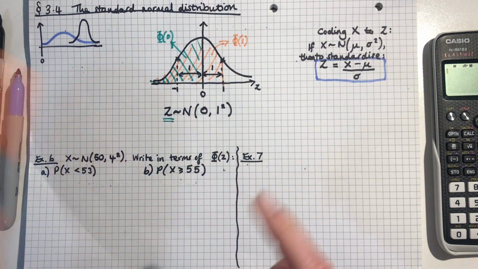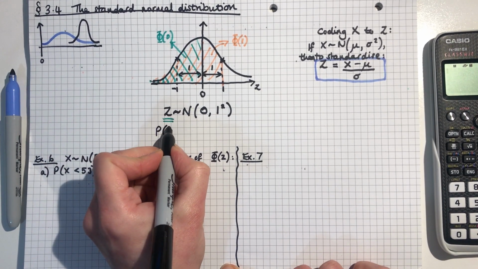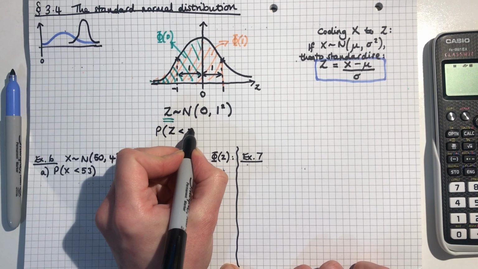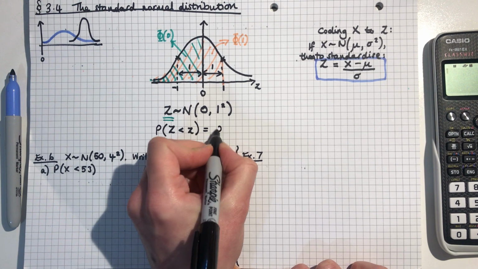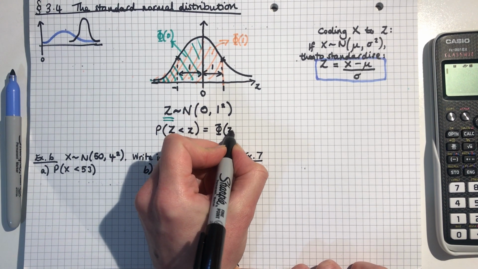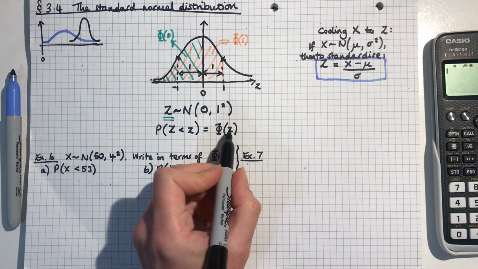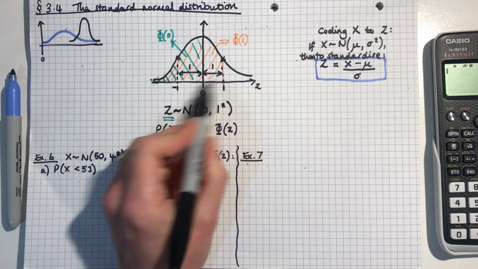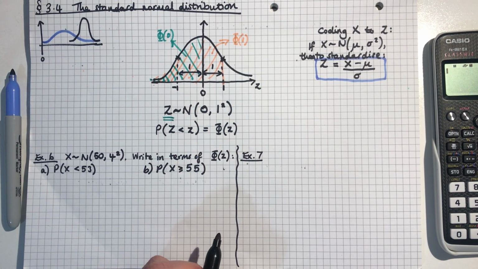In more general terms we can say this: the probability that Z is less than a value lowercase z is written as phi of that lowercase value. That lowercase value is the value on the horizontal axis, but the answer is the area under the curve, or the probability.